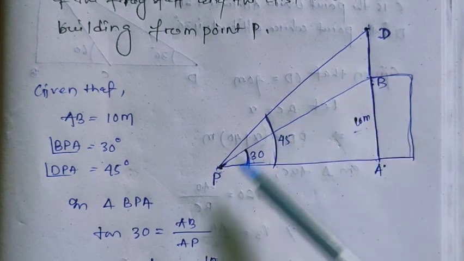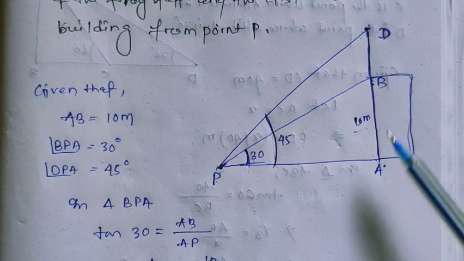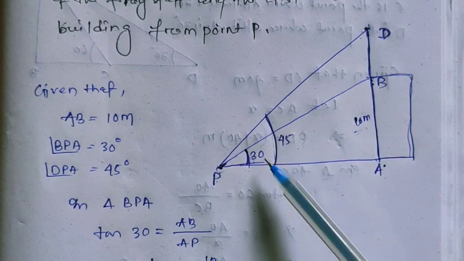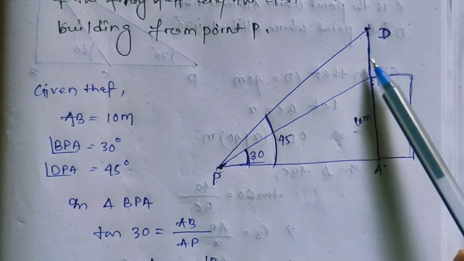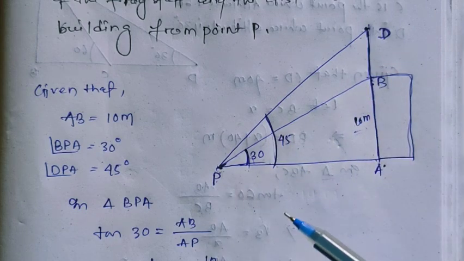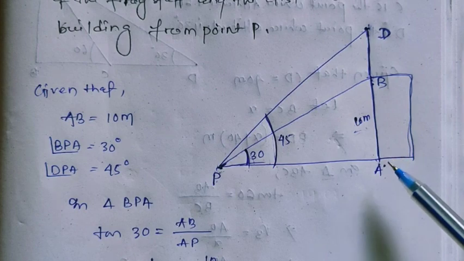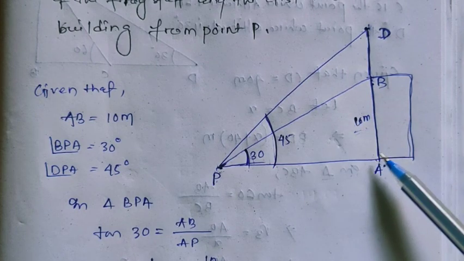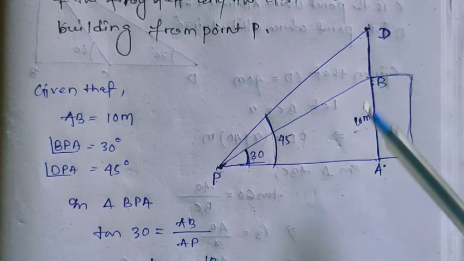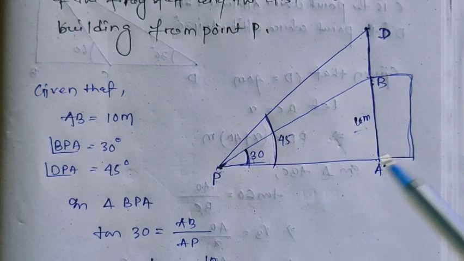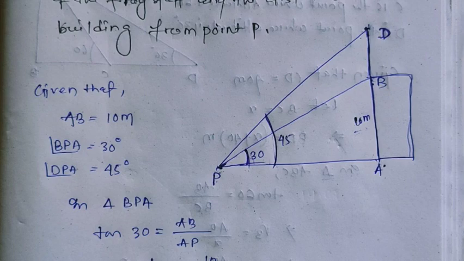Again in triangle DPA, we can calculate tan 45 is equal to AD by PA, from where I can find AD. We know that AD is equal to AB plus BD. From there I can find BD is equal to AD minus AB. Simple. I hope you understand.